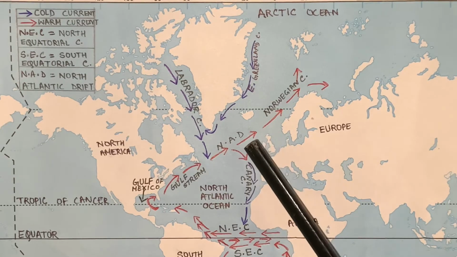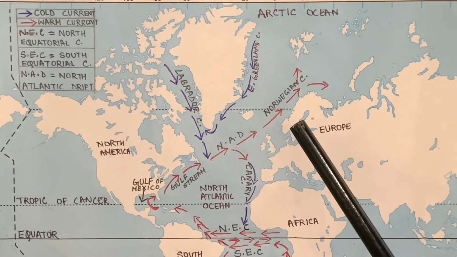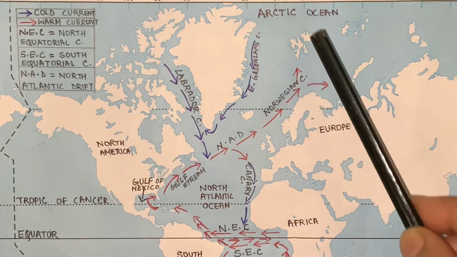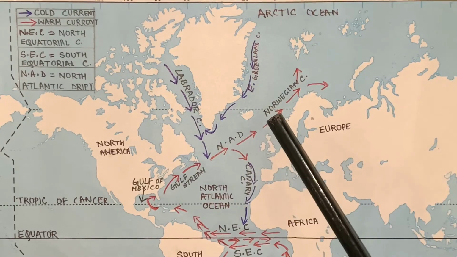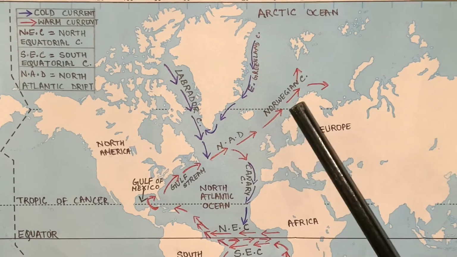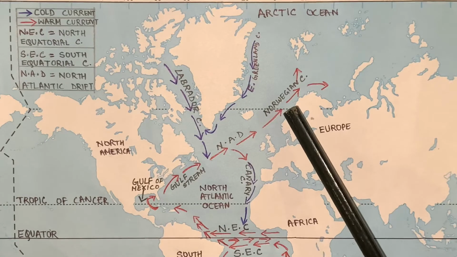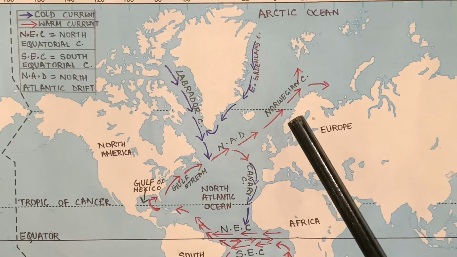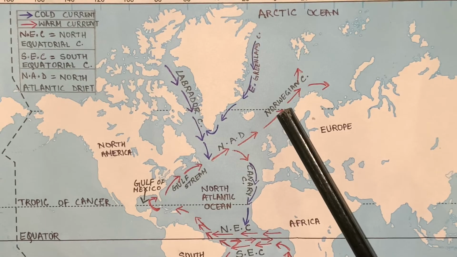You can see one which flows along the British Isles and Norway as the Norwegian Current, and finally it enters the Arctic Ocean. As this is the warm current which flows through Western Europe and England, it prevents the seaports from freezing in winter. The seaports here remain open in severe winter conditions also.